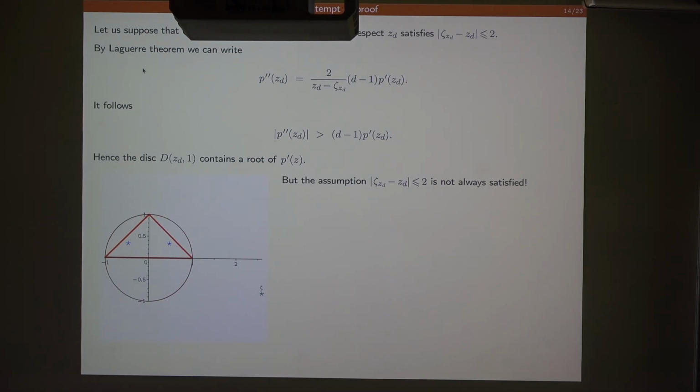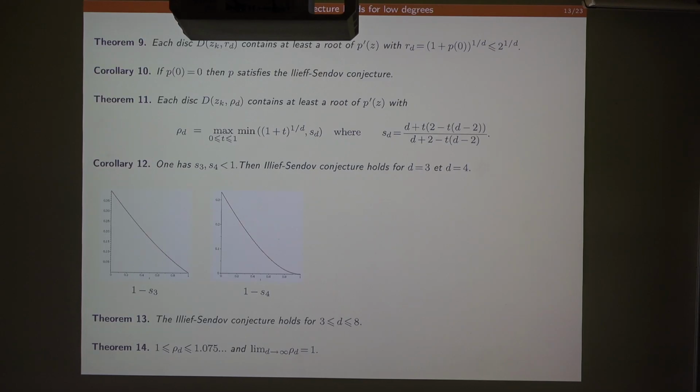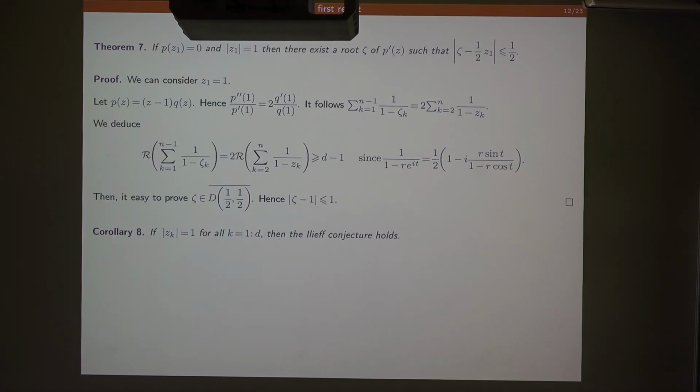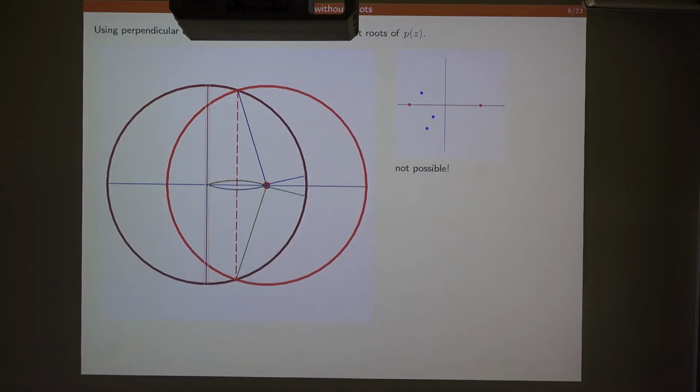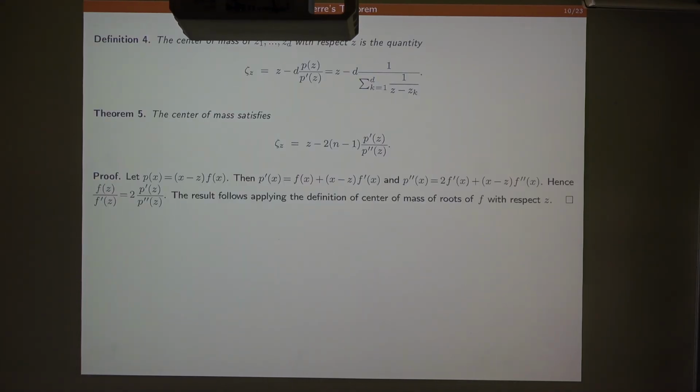By the Laguerre theorem, if the inequality is satisfied, then the conjecture holds. The Laguerre theorem says, I remember, where is the Laguerre theorem?